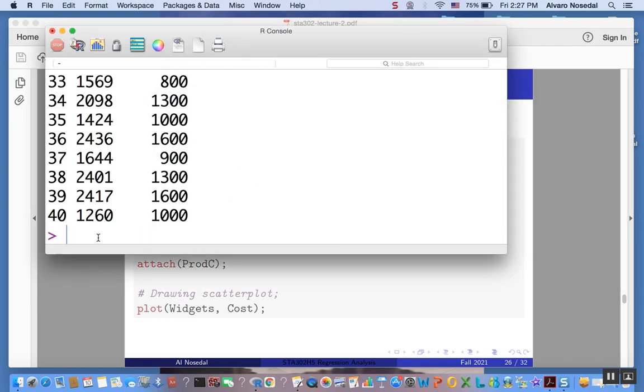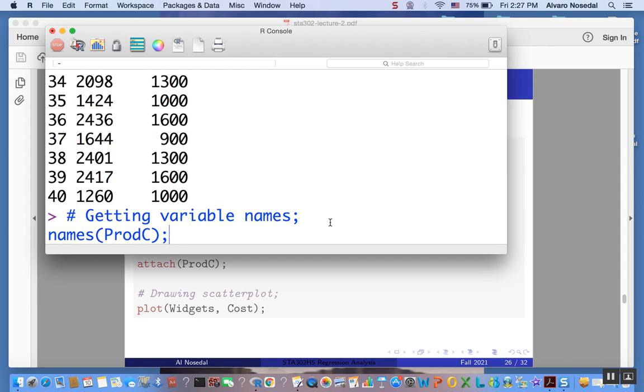And as you can see, when you want to comment something in R, you use this hashtag, and then everything that follows in that line is going to be ignored by R. And this semicolon is letting R know, we're trying to be very specific, that's the end of that line.